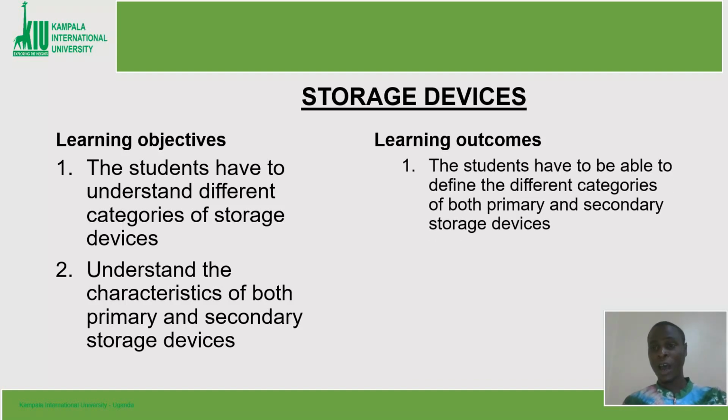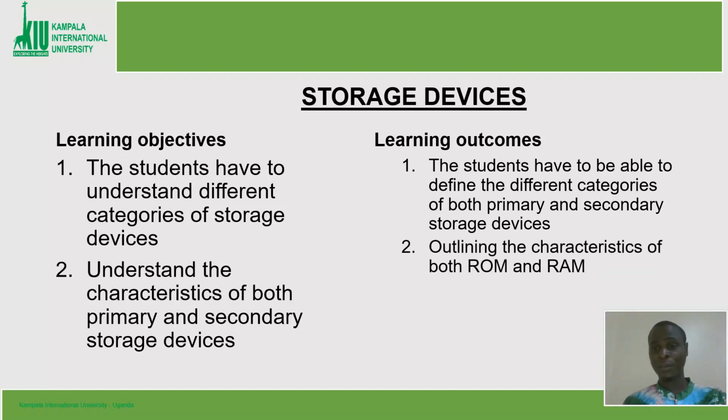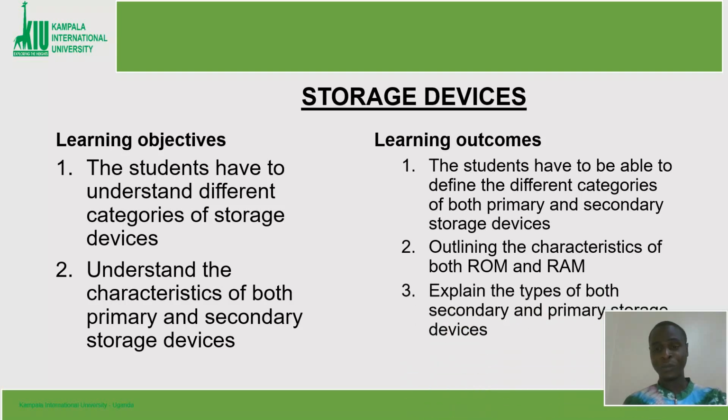The students have to be able to define the different categories of both primary and secondary storage devices, outline the characteristics of both ROM and RAM, and explain the types of both secondary and primary storage devices.